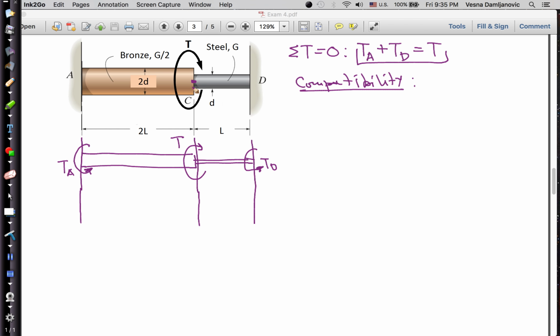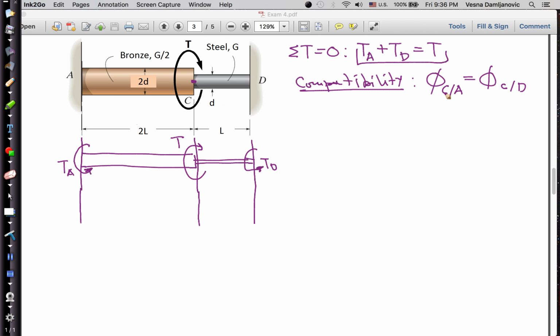That's logic. It's not even mechanics. It's common sense. So we're just going to write it as phi of C with respect to A is equal to phi of C with respect to D. And so just let's write these two.